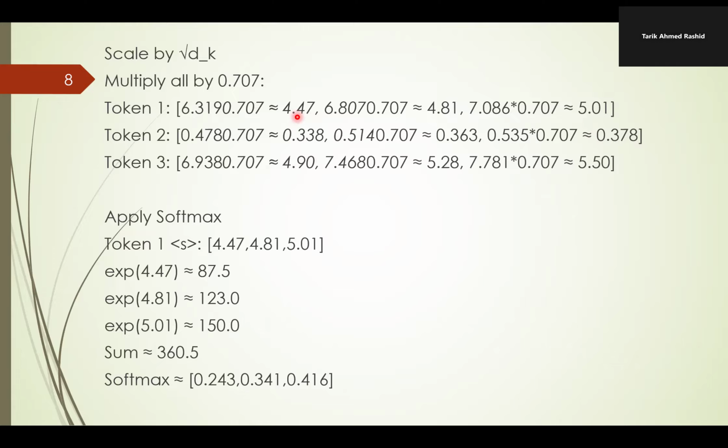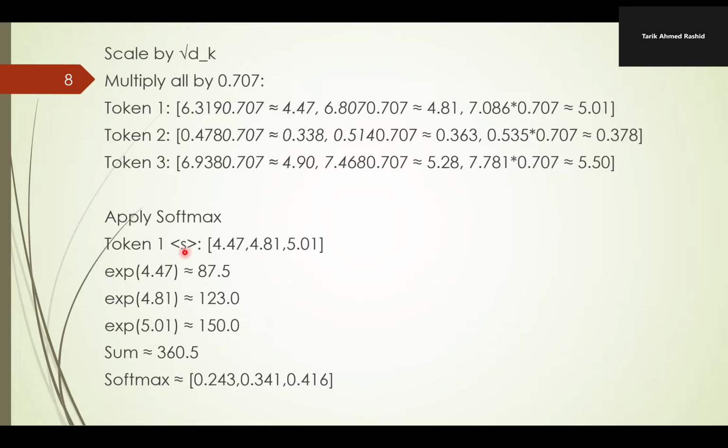So here we have row 1, 4.47, 4.81, and 5.01. And row 2, we have 0.338, 0.363, and 0.378. And row token 3, which is row 3, 4.9, 5.28, and 5.5. So softmax them.